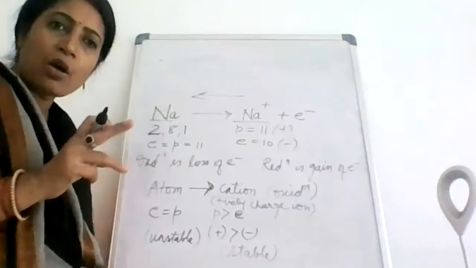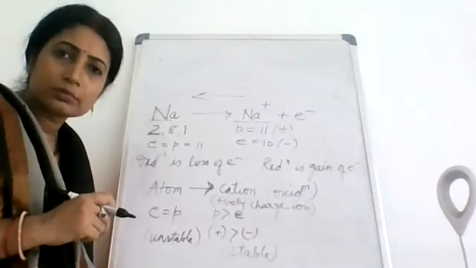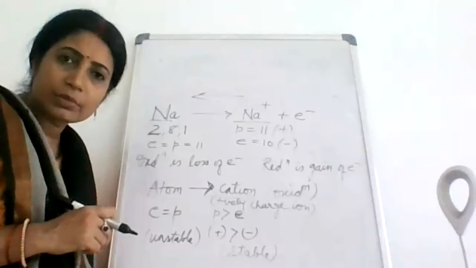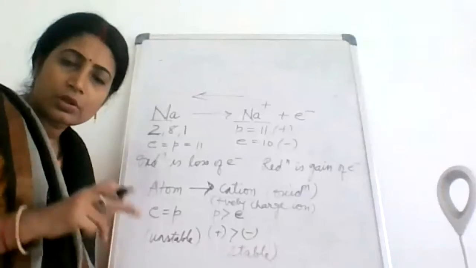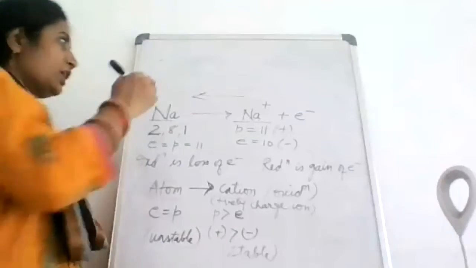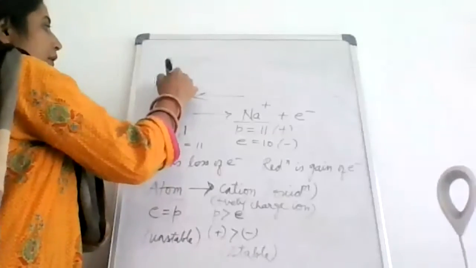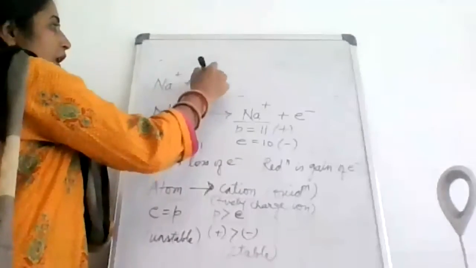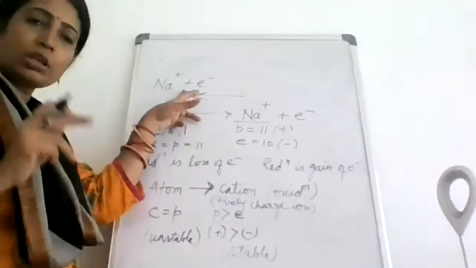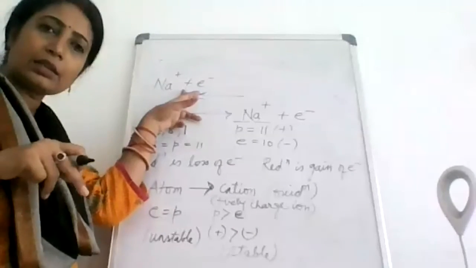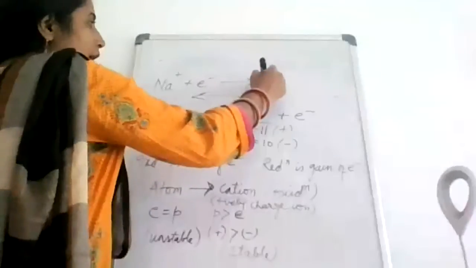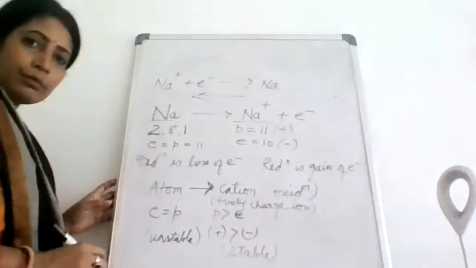तो वहां पर कौन सा प्रोसेस हो रहा है? Reduction. रिडक्शन हो रहा है. When Na plus gains electron, तो जब gain of electron लिखेंगे तो reactant साइड में लिखेंगे, क्योंकि gain reactant करता है. तो Na+ plus electron gives Na atom.